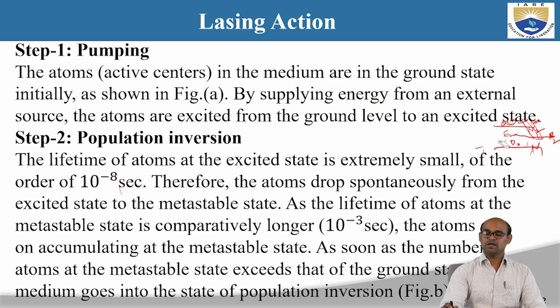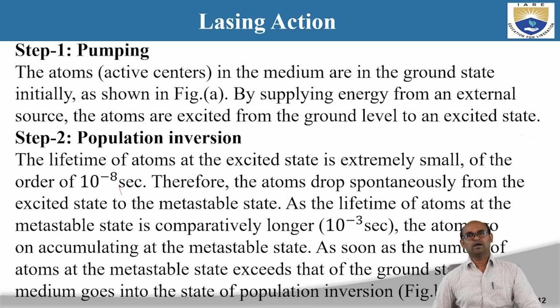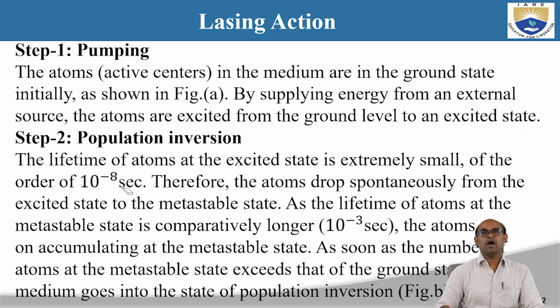So the first step is pumping. Once we supply energy in the form of optical pumping, we see a population inversion condition, where the number of atoms in the metastable state is more compared to the number of atoms in the ground state. In case you have 3 or 4 energy levels, with optical pumping the atoms can excite to the normal excited state, energy level E3.